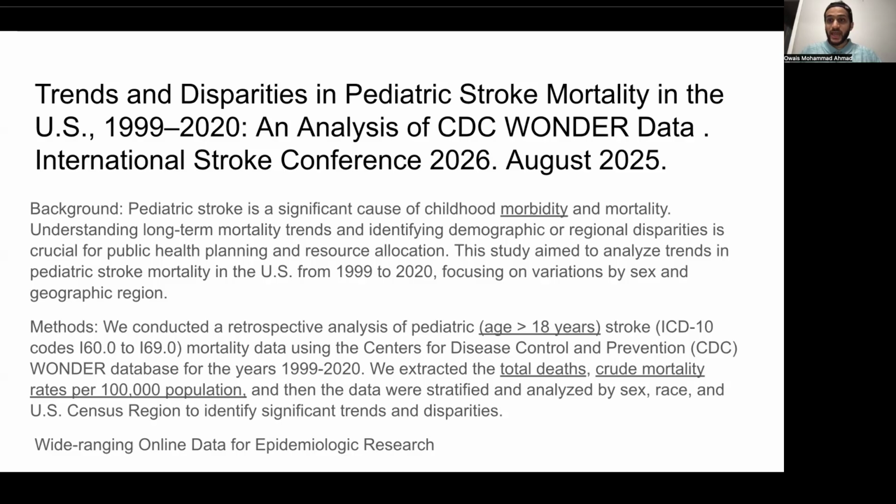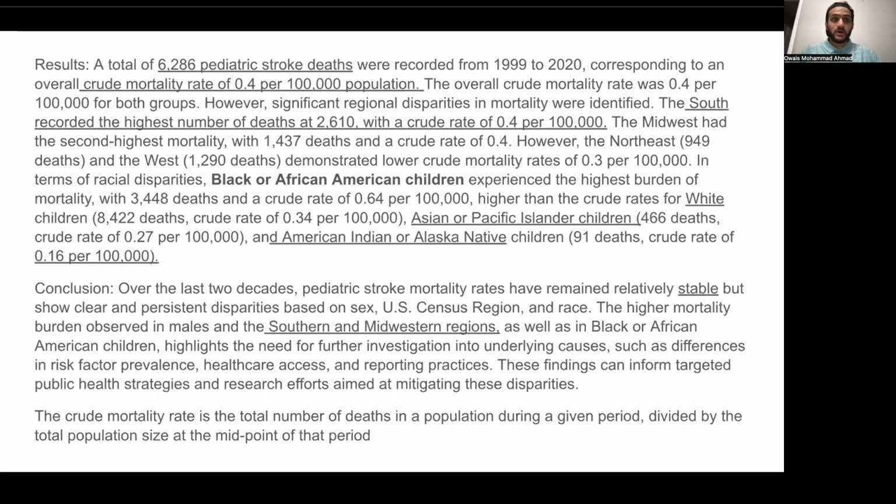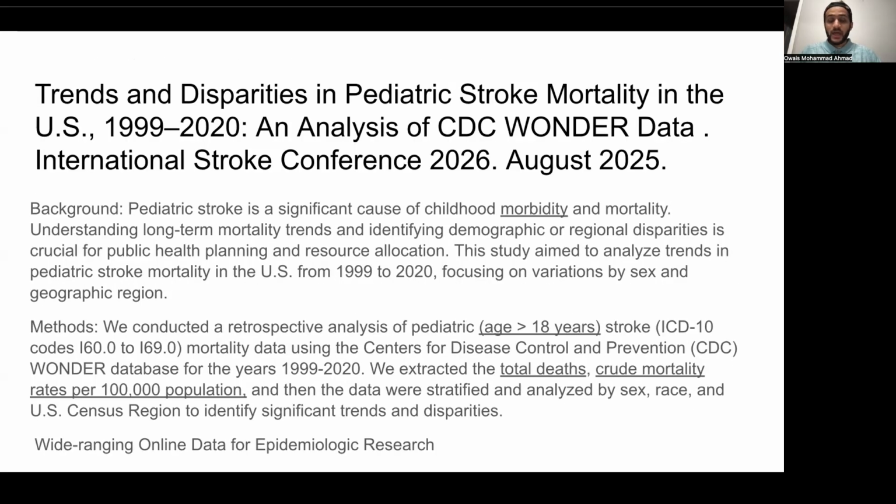The abstract has background, methods, results, and conclusions. So basically we have the background. Pediatric stroke mortality is a significant cause of childhood mortality and morbidity. Understanding long-term mortality trends and identifying demographic and regional disparities is crucial for public health and planning. In our study, we looked from 1999 to 2020, so 22 years, and we looked at variation by sex and geographic regions.